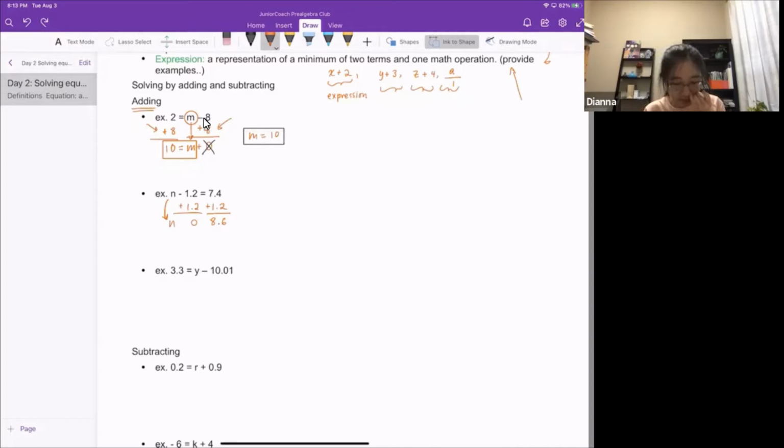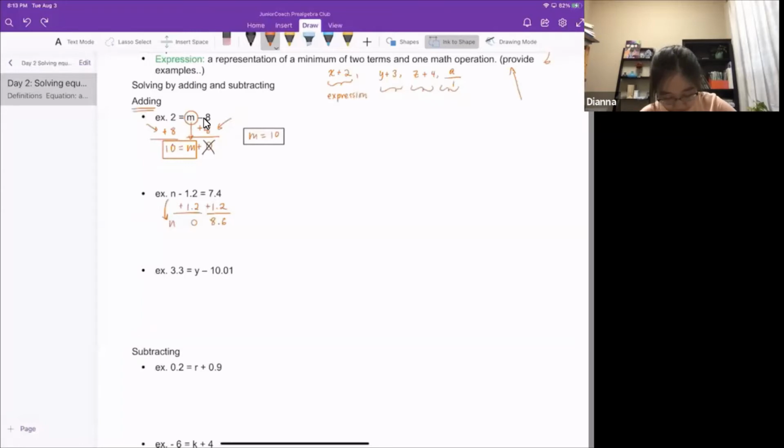Here we have 3.3 equals y minus 10.01. And so y here is our letter, right? And we want to get y by itself. And so how do we do that? Well, we don't want this 10.01 here.